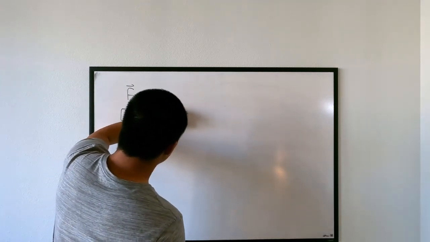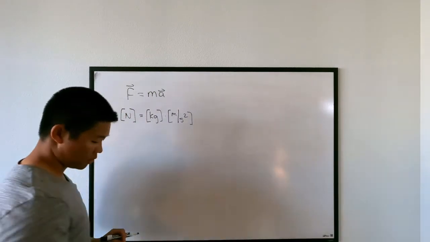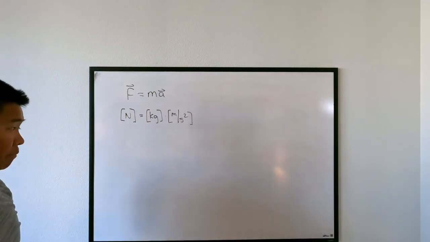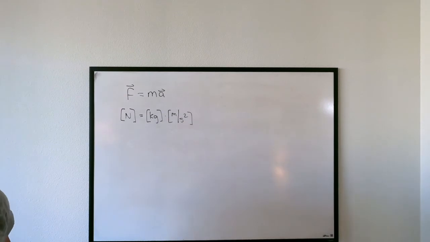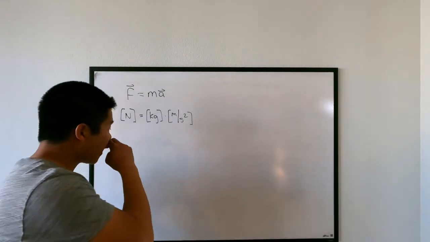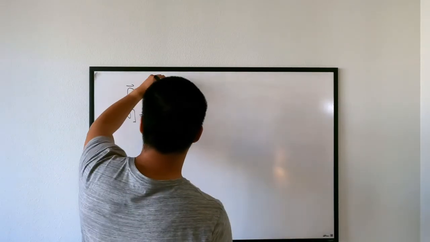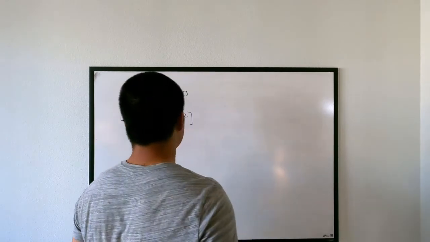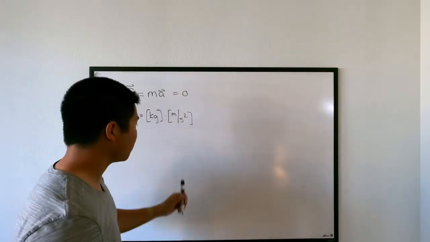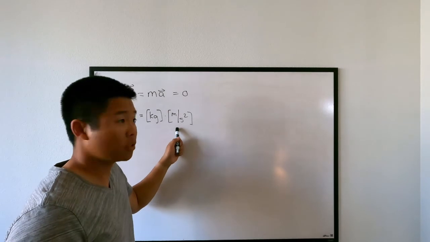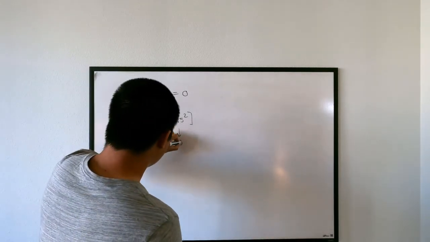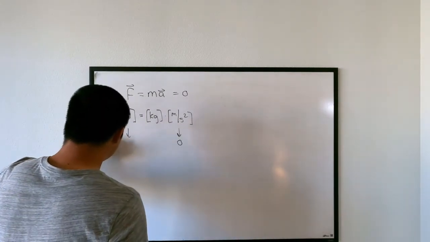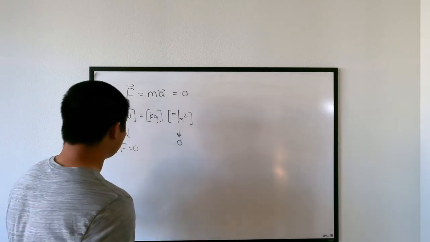Of course, our acceleration is going to be meters per second squared. Now, this class is called statics, right? We said everything in this class does not move. Therefore, everything is going to be equal to 0. More specifically, the acceleration is going to be equal to 0, and the net force is going to be equal to 0.